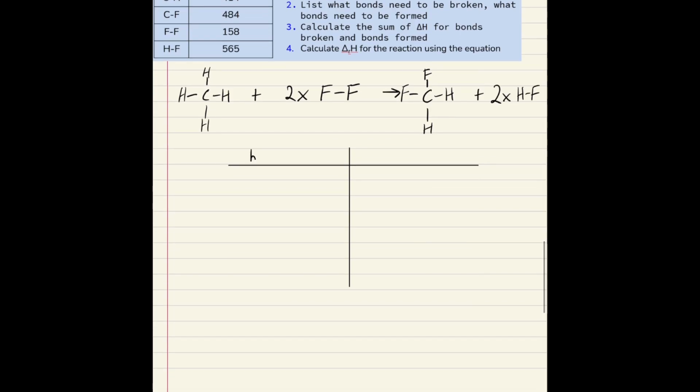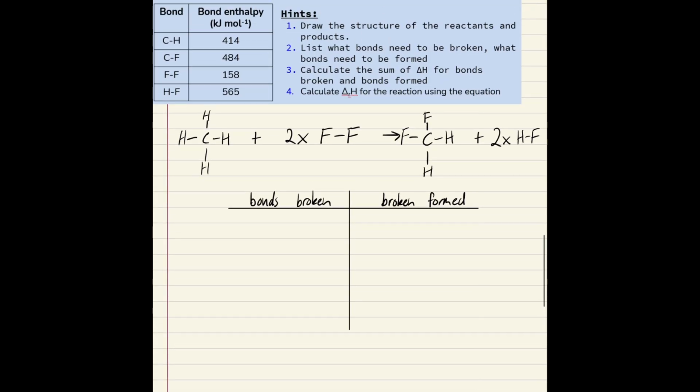That's my reactants. And then on the right, we're going to go bonds formed, because in a chemical reaction, this is actually what is happening: those bonds are being broken and then formed.